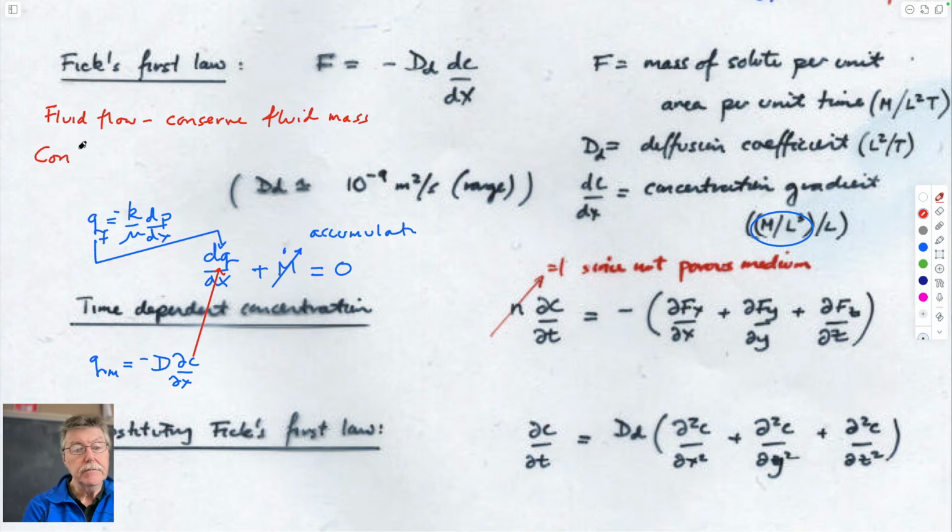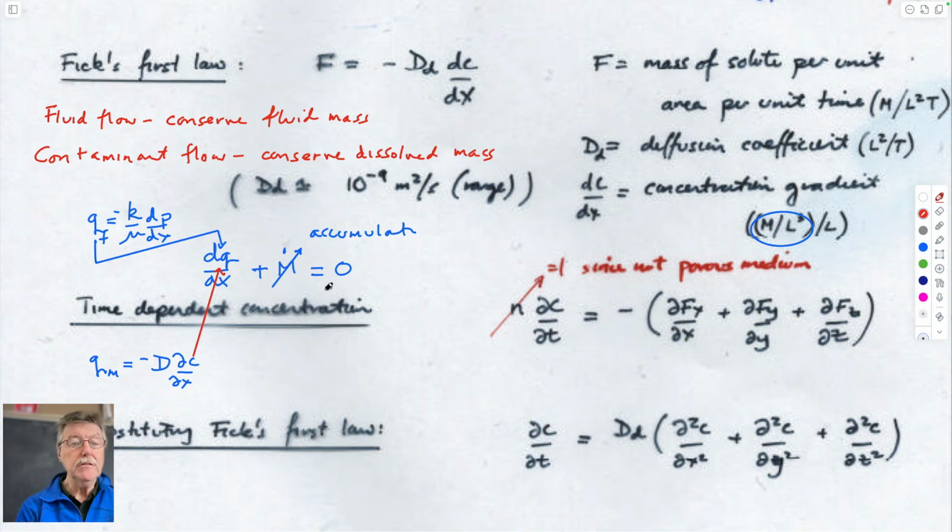Contaminant flow, we conserve dissolved mass. So that's why we can use kind of the same conservation equation.